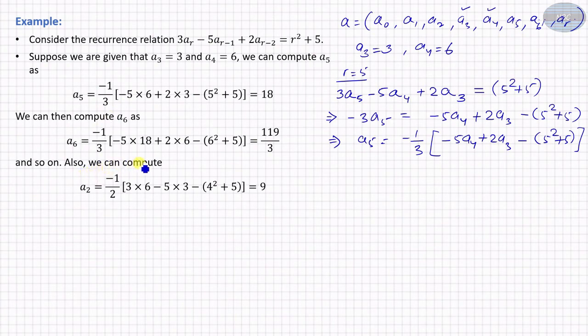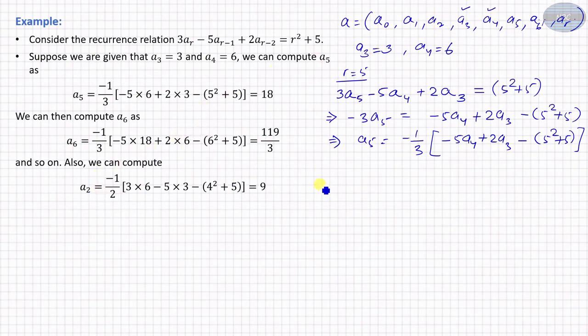Also, we can compute the value of a2. In this case, we have been given the value of a3 and a4, and we can calculate the next value of ai. Similarly, you can calculate the previous value of ai, like we can calculate a2. So how can we calculate a2 here?